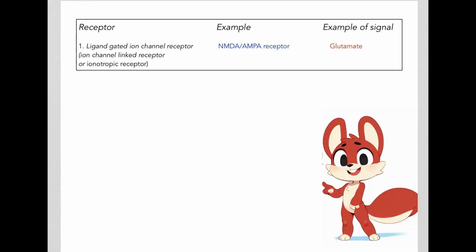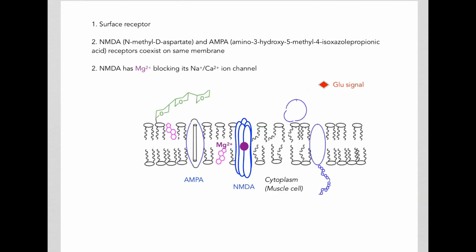Let's look at another example of a ligand-gated ion channel, and this is the NMDA AMPA receptor. The signal for this receptor is the amino acid glutamate. So these two receptors, the AMPA as well as the NMDA, are surface receptors. Now they coexist on the same membrane.